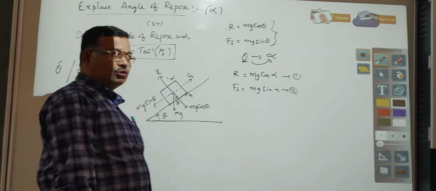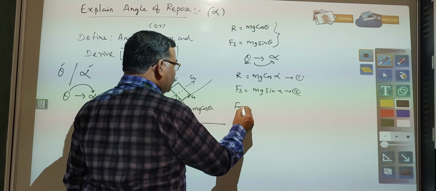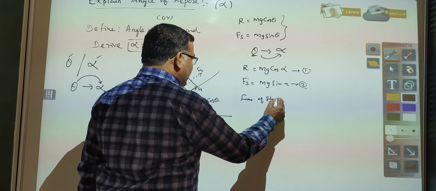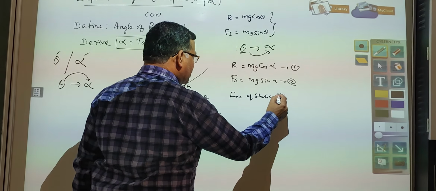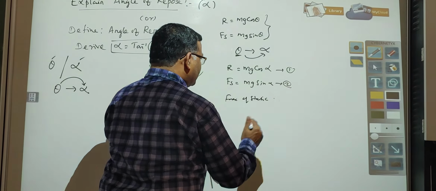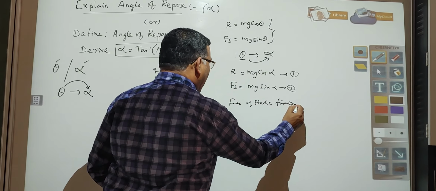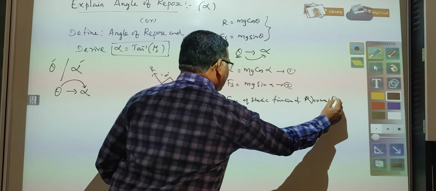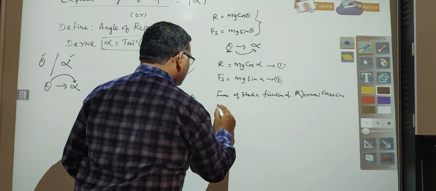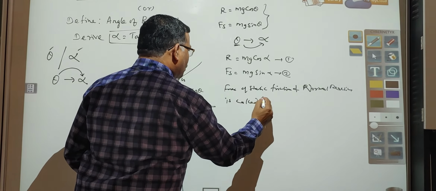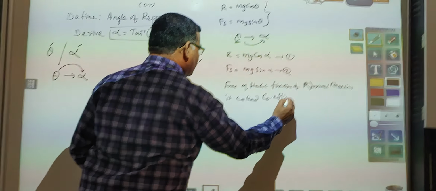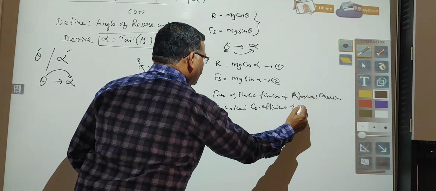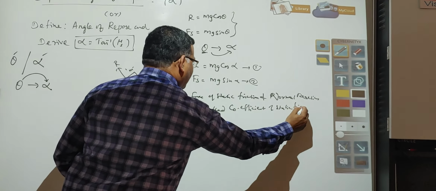The only thing is you remember the concept. Now, already you know the ratio of force of static friction and normal reaction is called coefficient of static friction, from the previous syllabus.